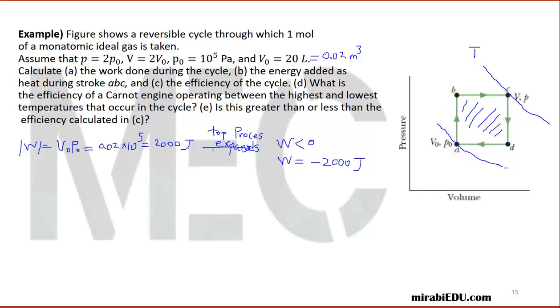So this is TC and this is TA, and we can write TC is greater than TB is greater than TA. TB is in the middle.